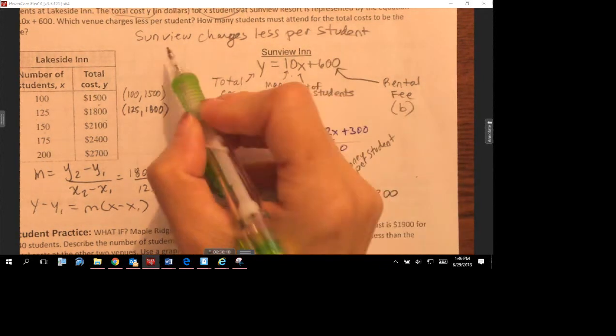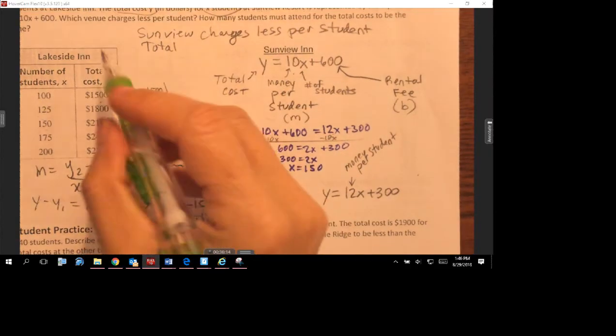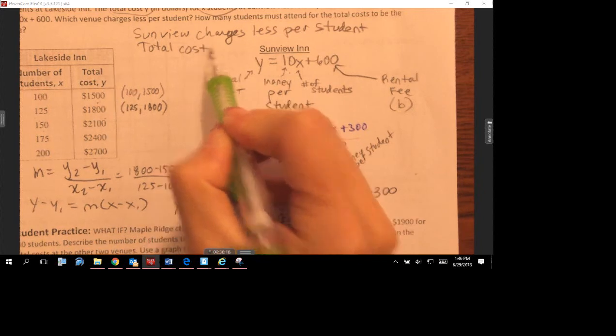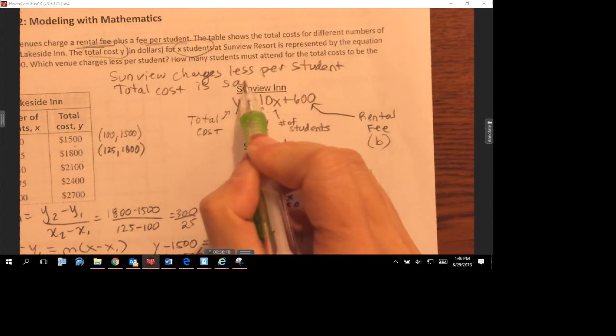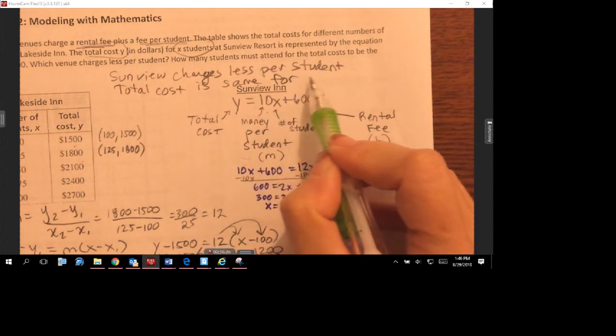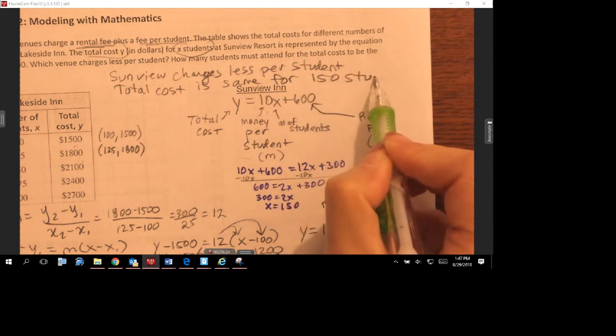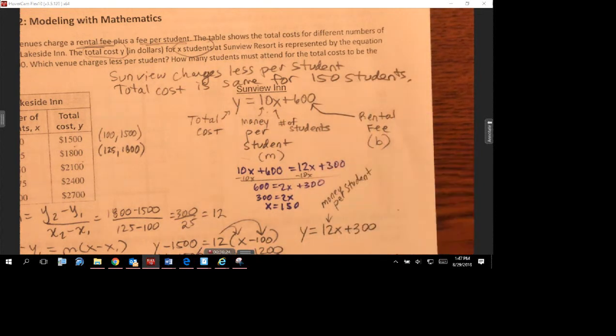So total cost is the same for 150 students. Yeah, that looks like a mess. I'm sorry. I should have thought better about where I organized my work. Nobody's perfect.